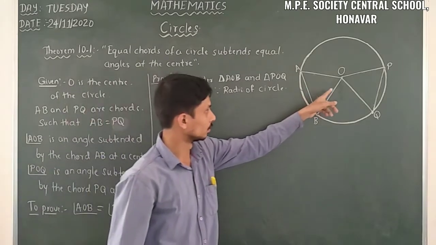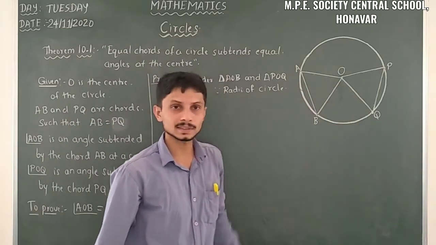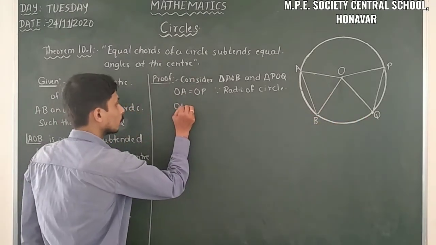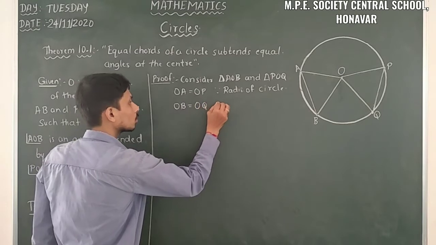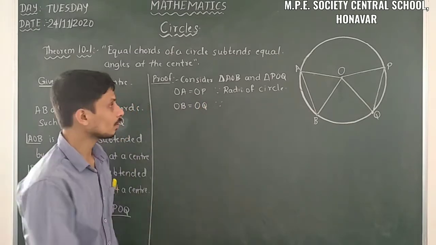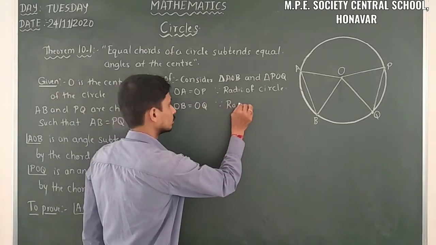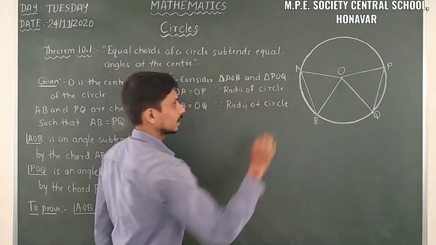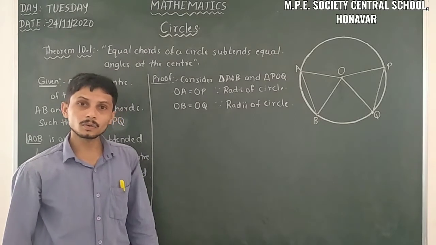Then here there is another pair of radii, that is OB and OQ. OB is equal to OQ because they are radii of the circle. Then any other equalities we have?